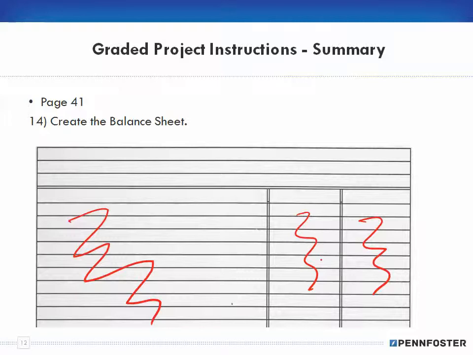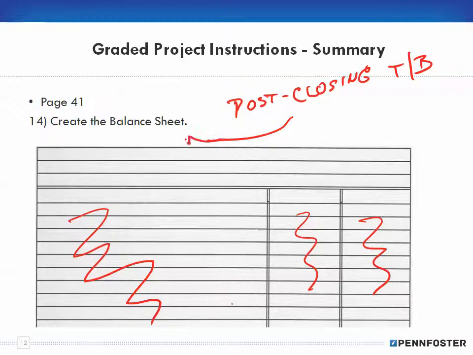And of course, you do the math, like to get your total assets, you have to add up all of your assets. But the point being here is that you're using the balances from your post-closing trial balance in order to create your balance sheet.